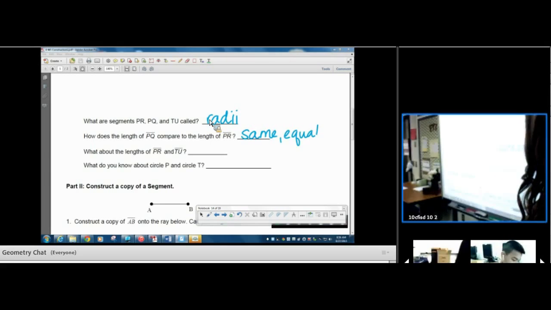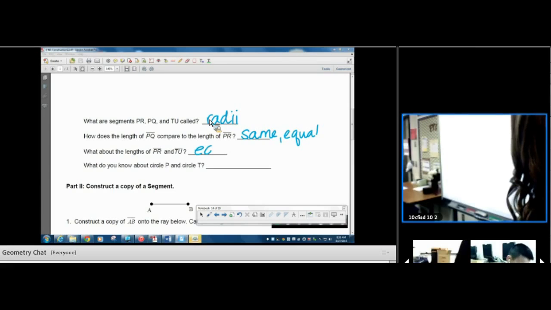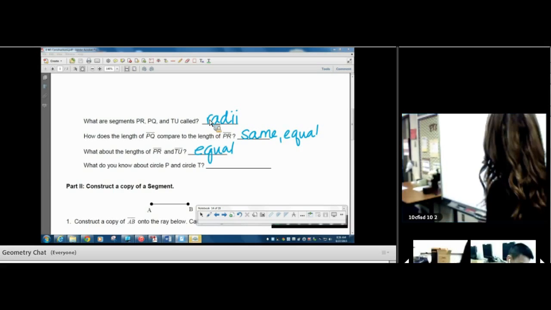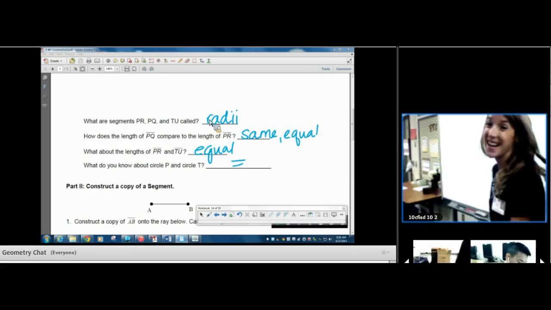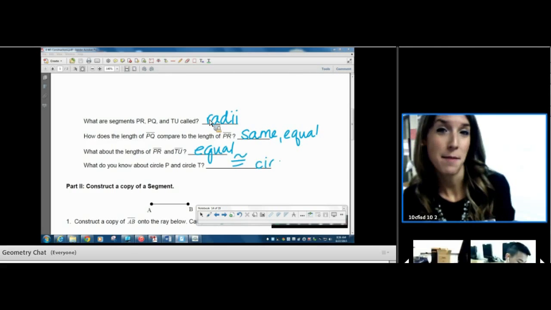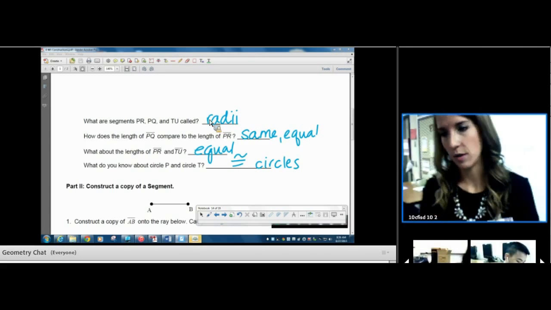What about the lengths of PR and TU? Also same or equal. What do you know about circle P and circle T? We know that they are congruent circles because their radii are the same length. When two circles have the same length radii, then those are congruent circles.